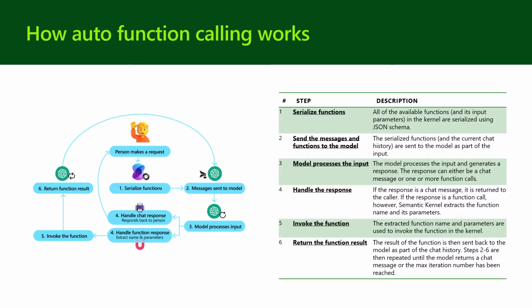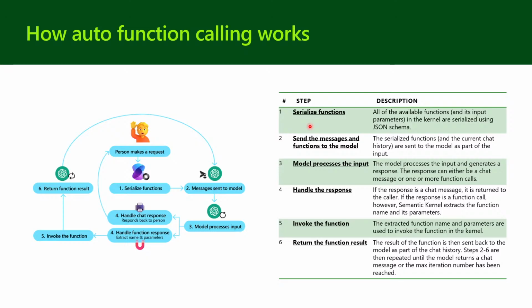In the first step, take my laser pointer here. First of all, the Semantic Kernel automatically serializes the functions for us. It uses the JSON serializer in the background. It will take those C# methods and serialize them as JSON.